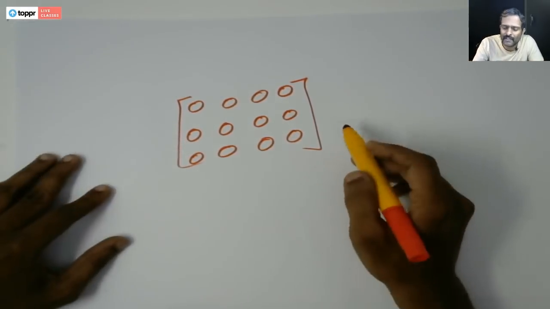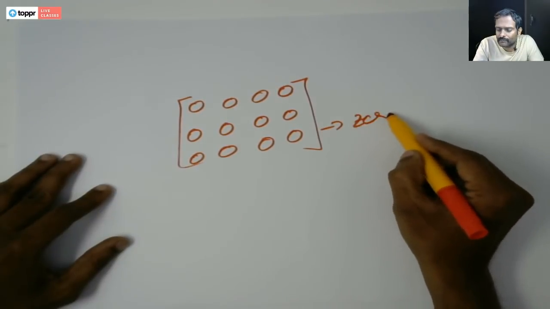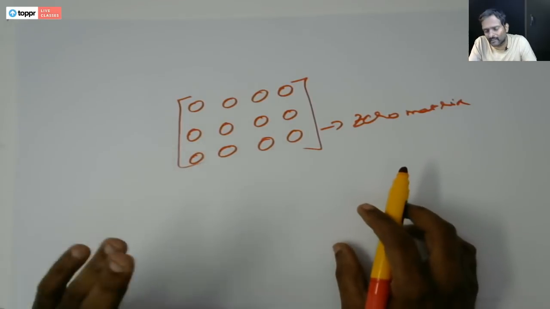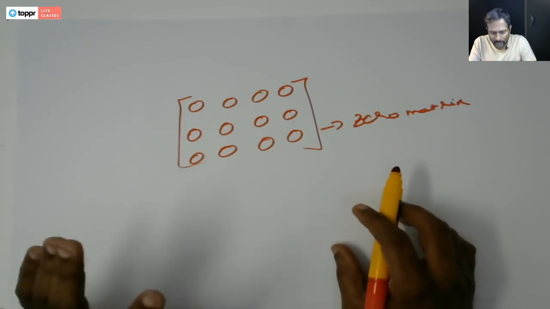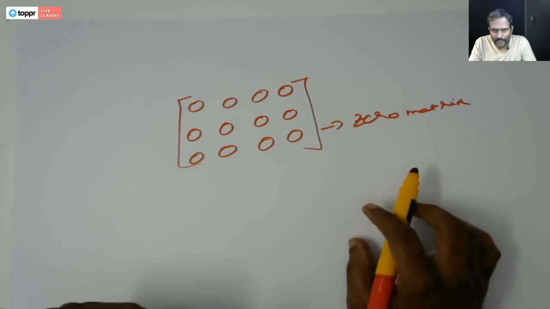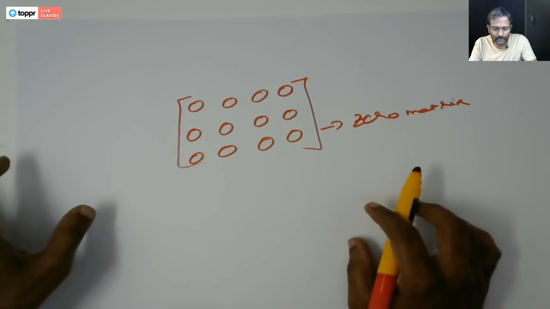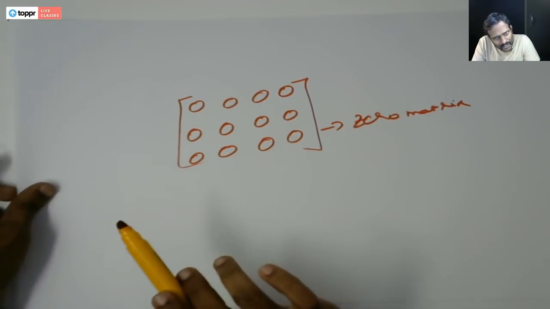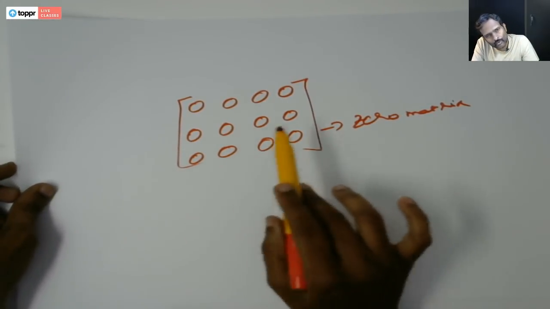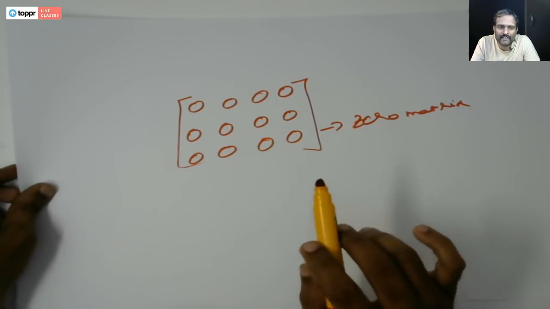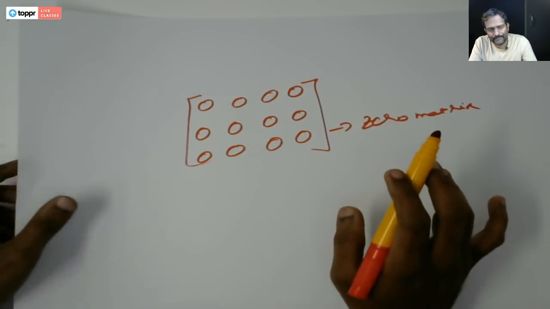So this is called a 0 matrix. I'll tell you where we'll use this and how it will help us in calculation in some situations, when we go into advanced levels. So when all the elements of the matrix are equal to 0, like each and every element in the rows and the columns, then we call it a 0 matrix, right?